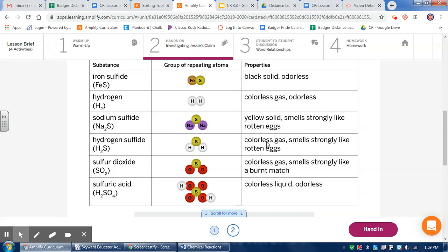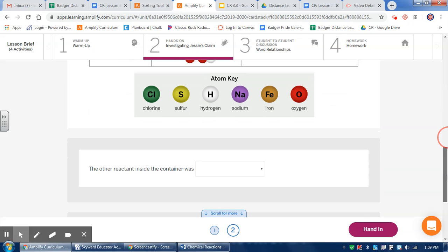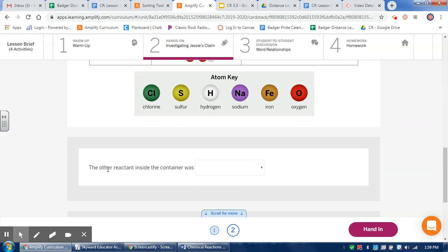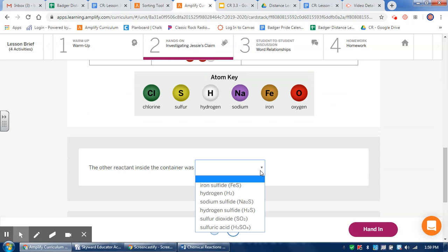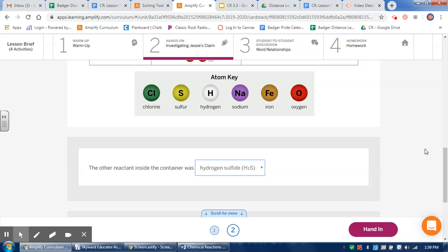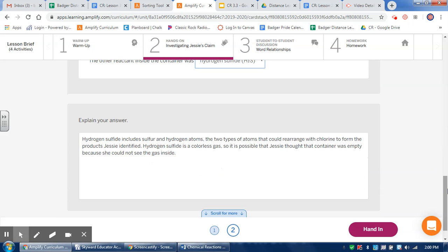So it may have looked to Jessie like that container was empty, but it really had hydrogen sulfide gas in it. So if I scroll down a little bit, the other reactant inside the container, I would say, is hydrogen sulfide. The reason is that hydrogen sulfide includes sulfur and hydrogen atoms, the two types of atoms that could rearrange with chlorine to form the products that Jessie identified.